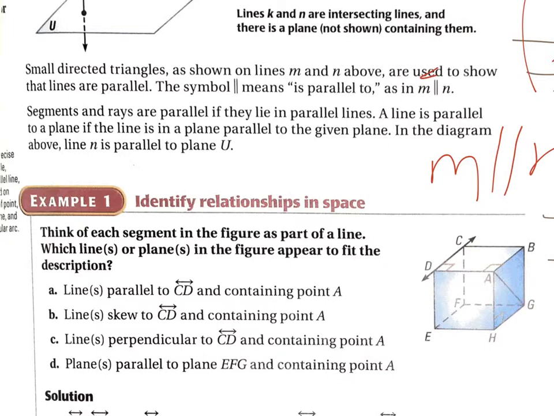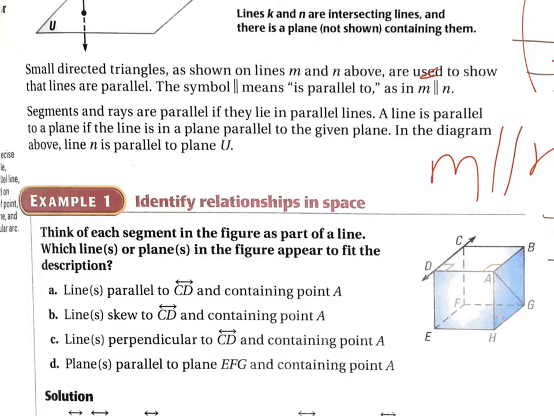That one is never going to intersect with line CD, and it contains point A. And then we also have AH here, which is also skew and also contains point A. So AG and AH would be the answer to that one. Again, AB would not be an answer because it is parallel.